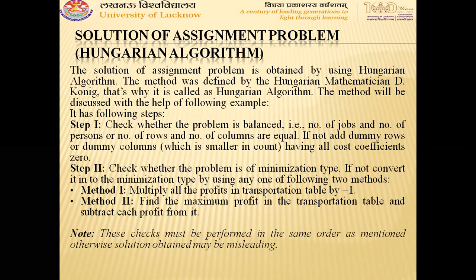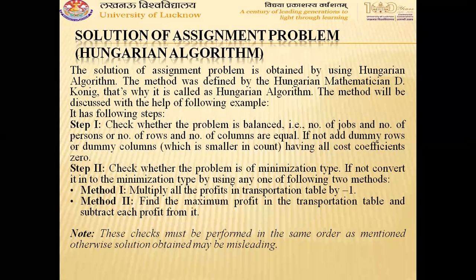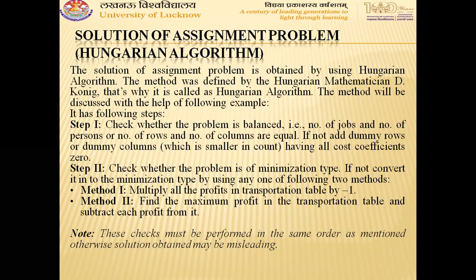Second step is to check whether the problem is minimization type. As the original method is for minimization, it is required to check whether the problem is of minimization type or maximization type. If the problem is minimization type, then there is no problem. But if it is a maximization type, that is profit is available or efficiency is available, then there are two methods to convert the problem into the minimization type.